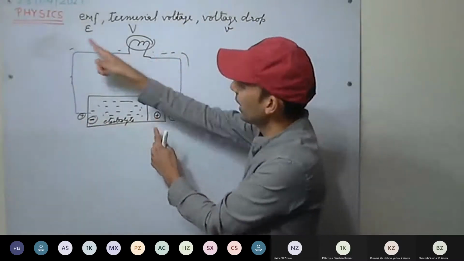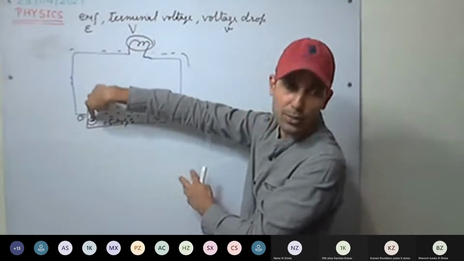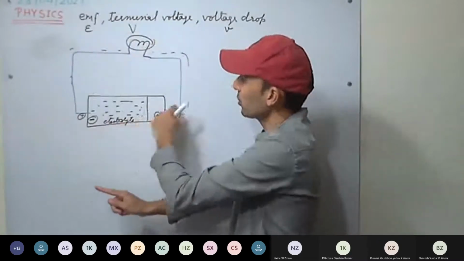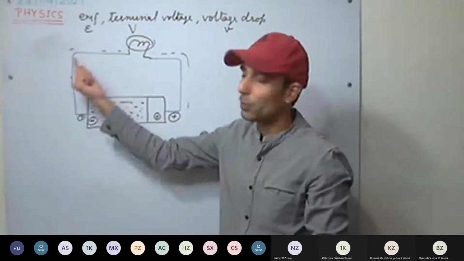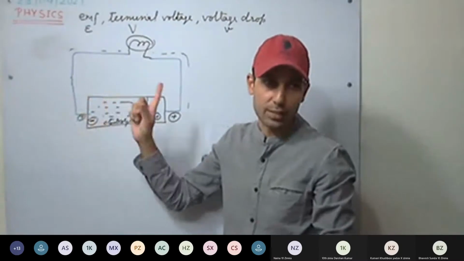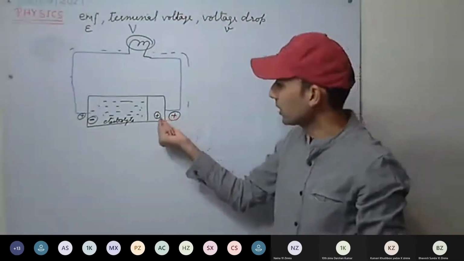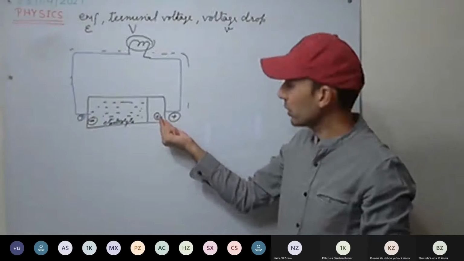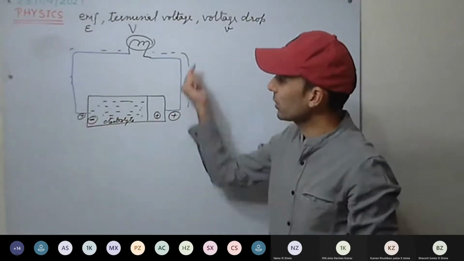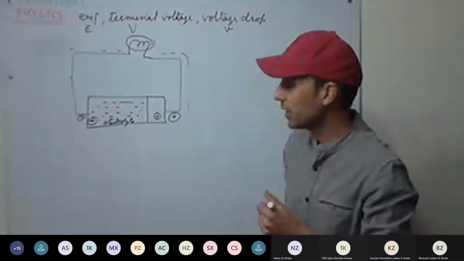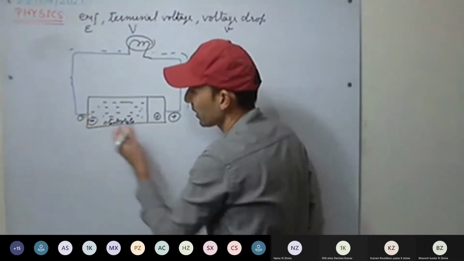So the positive charge was repelled and got attracted to the negative terminal. That's how the positive charge moved in the outside circuit: same charges repel, it moved and was attracted by the negative terminal. Now this positive charge has entered here.